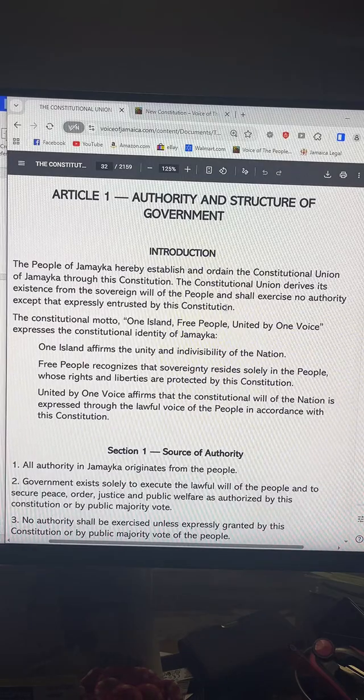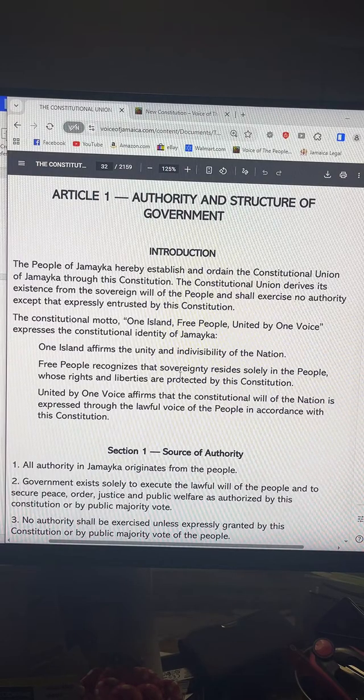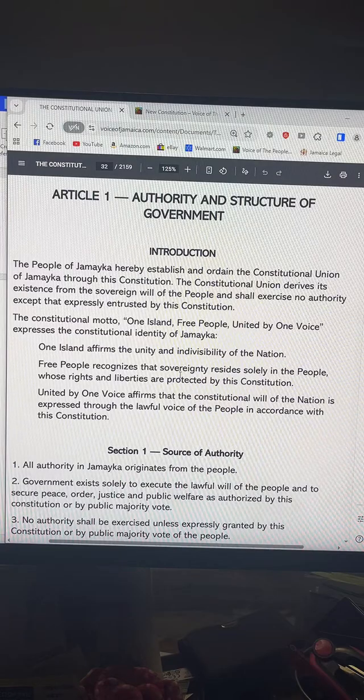So, under this new constitution, we would have a government system that removes all decision making when it comes to policy, when it comes to rules, when it comes to anything affecting the public. If it is not something directly related to their duties, then they cannot do it.